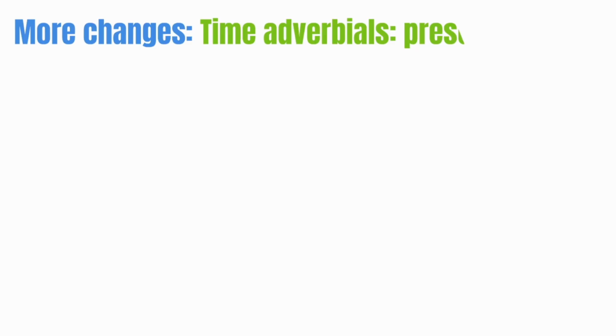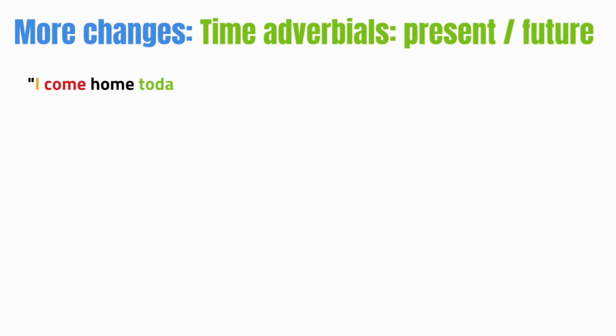That's not enough, unfortunately. There are more time adverbials because there's also the present and the future. Let's see what we have to change there. Direct speech: I come home today.